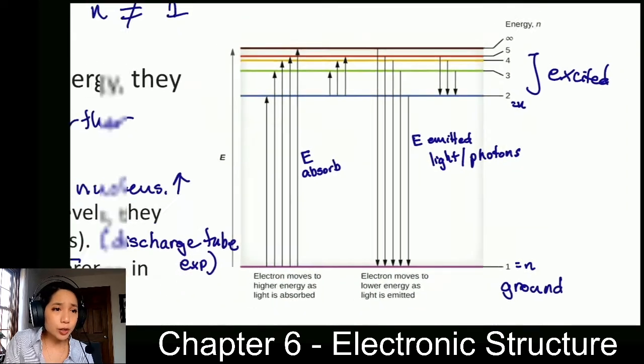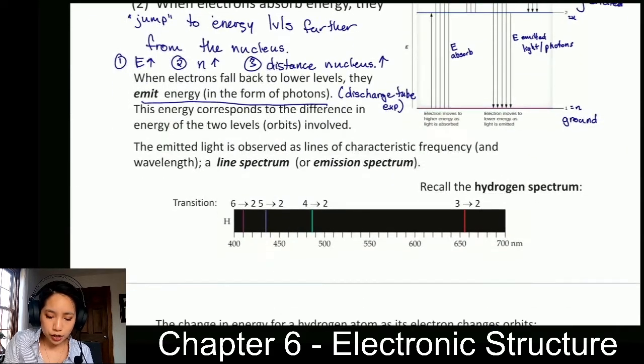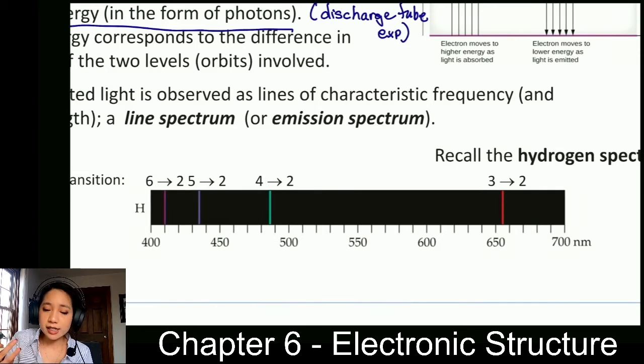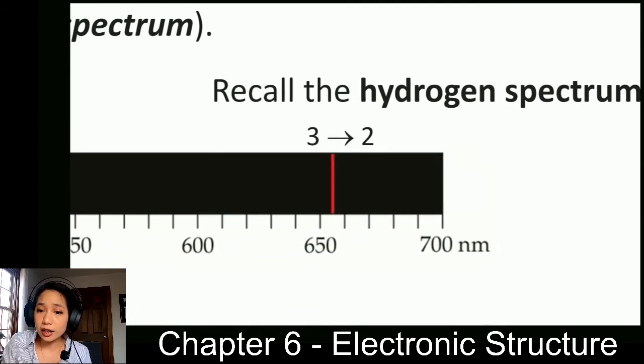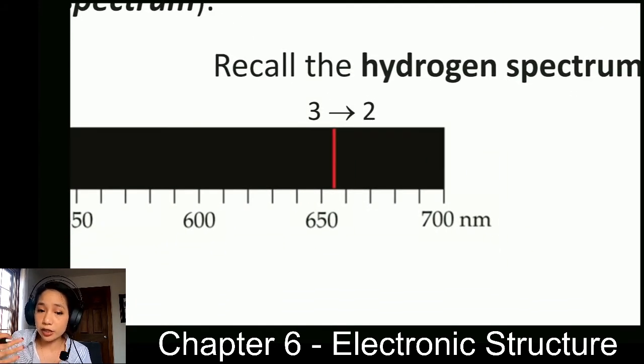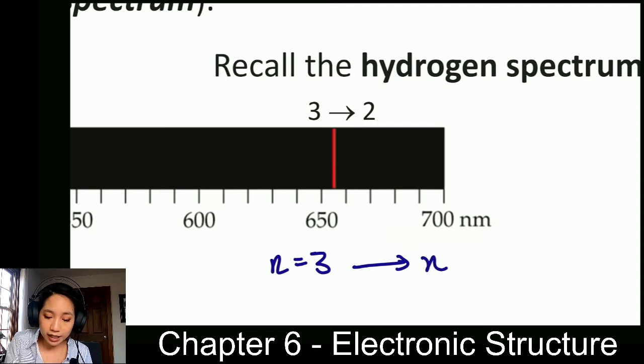Right? And so if we look back at our hydrogen spectrum, we can actually assign each of these lines that we see to a certain emission transition between two different n values. So the red line that we calculated before, that energy is related to the transition between n equals 3 to n equals 2.